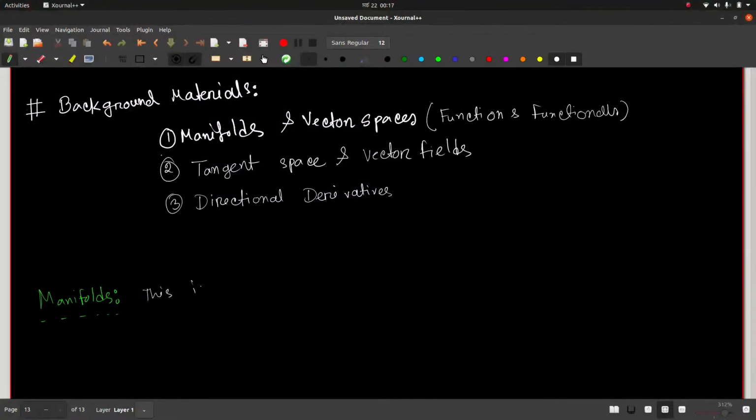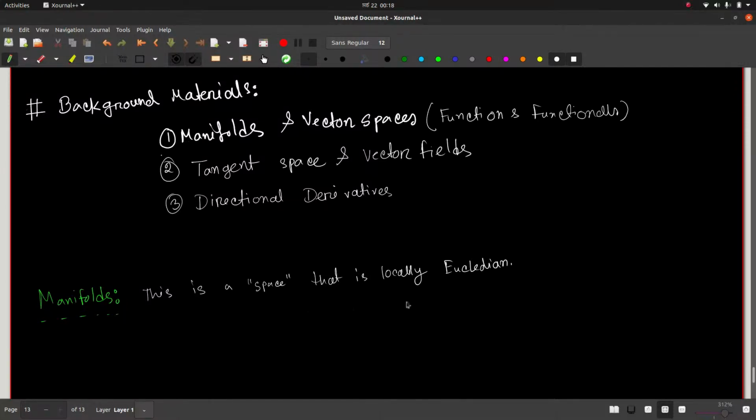Though it's not really appropriate to call it a space, for now, to visualize the thing, we want to call it a space. This is a space that is locally Euclidean.